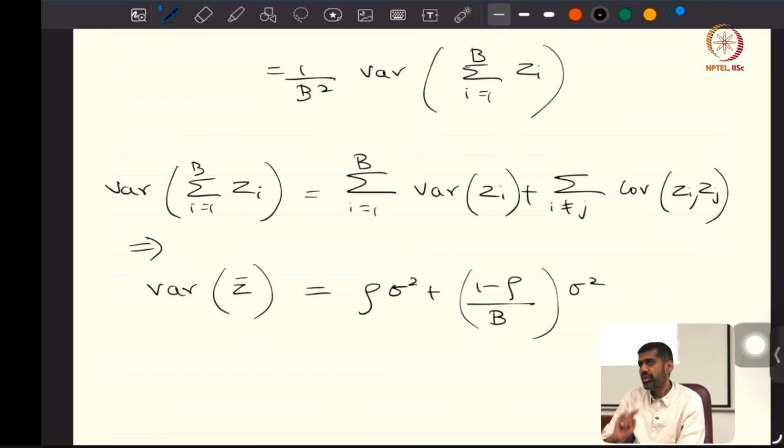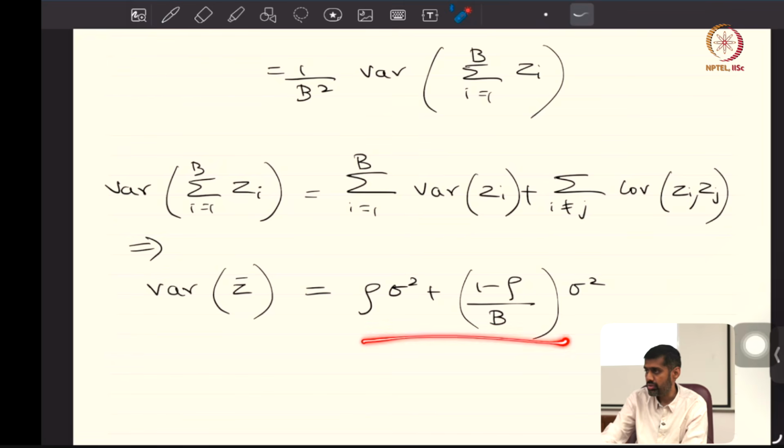Now, remember what our initial goal was. Our initial goal for ensembling was to reduce the variance of the hypothesis, the variance that appears in the bias-variance term, so that the overall risk will reduce, correct. Now, this is what the variance was. If we want to reduce this, what do we have to do?